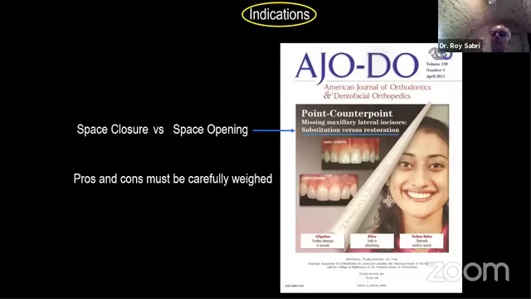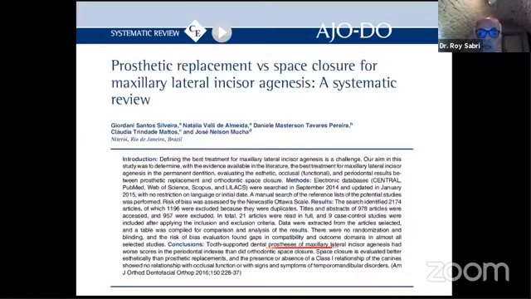For example, if the canine, like the one we saw, is oversized, we're not going to do space closure. Okay. And we have to discuss with the team members and with the patient, of course. Now here, for example, a systematic review. And again, this review is promoting space closure.